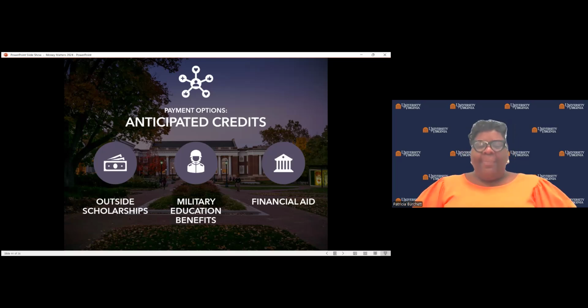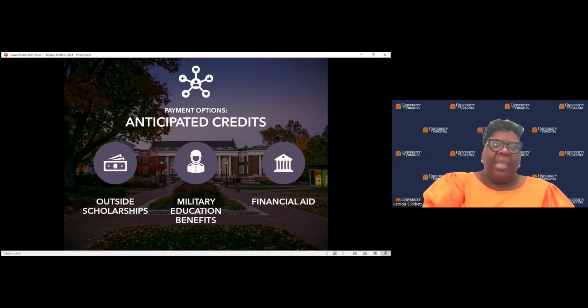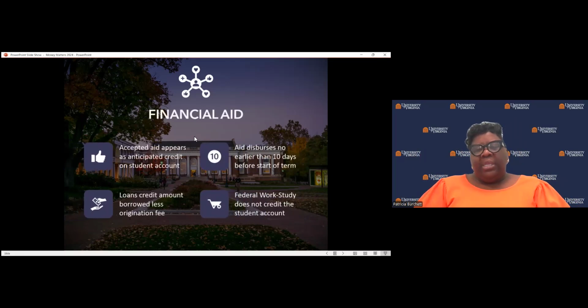If that happens, like if they get an outside scholarship, or a military education benefit of some sort, or even financial aid, which could include loans, it's posted on the student's account as an anticipated credit, because we can't disperse student loans or any kind of aid disbursement more than 10 days before the start of a term.